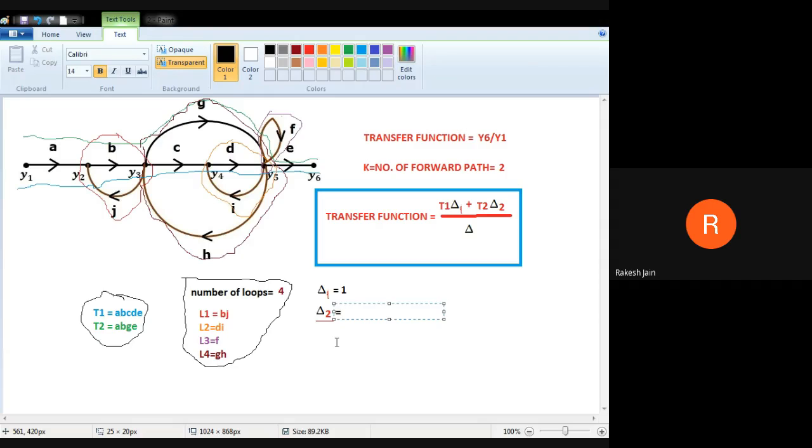So all the loops touch the first forward path. So we can say that del 1 is equal to 1 only, because no loop is free without touching the first forward path. So for this question, del 1 value is 1.